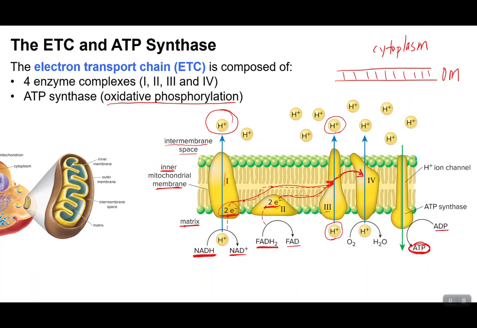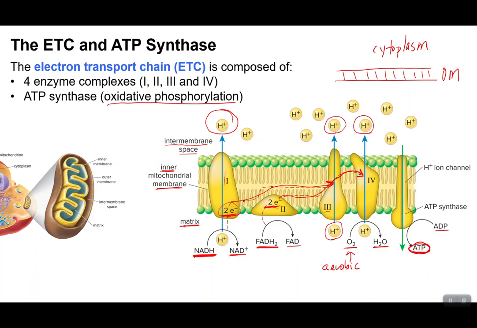At this point, the shuttling of electrons stops, and those electrons help reduce oxygen to water, along with pumping another proton into the intermembrane space. So this reduction of oxygen to water is what makes us aerobic. Any animal that does this kind of ATP synthesis is going to be an aerobic organism.